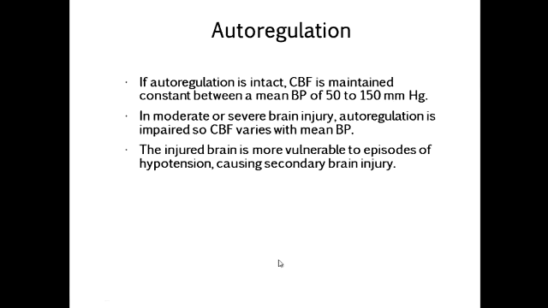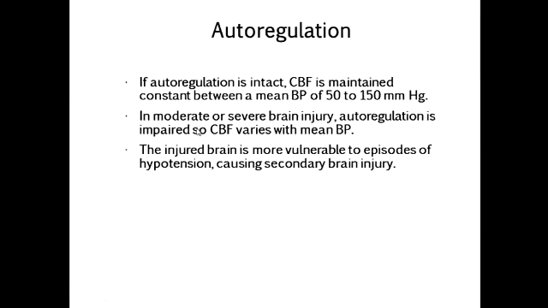So, in the uninjured patient, when autoregulation is intact, the cerebral blood flow is maintained at a constant within a blood pressure range of 50 to 150 millimeters of mercury.